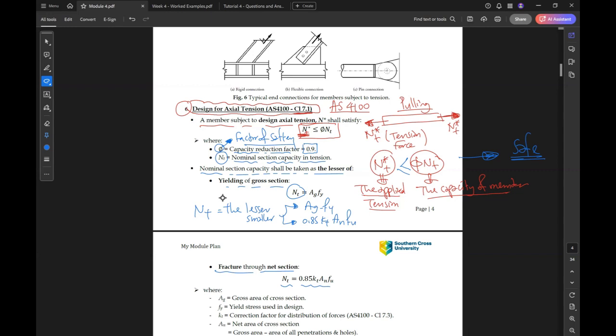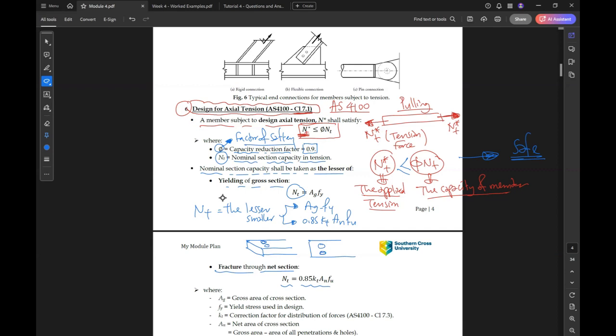What is the difference between A gross and AN? If we have a section, as you know, in steel sometimes we need to add some bolts. If we have bolts, we need to make holes for the bolts. If we look at the plan, we have some holes.